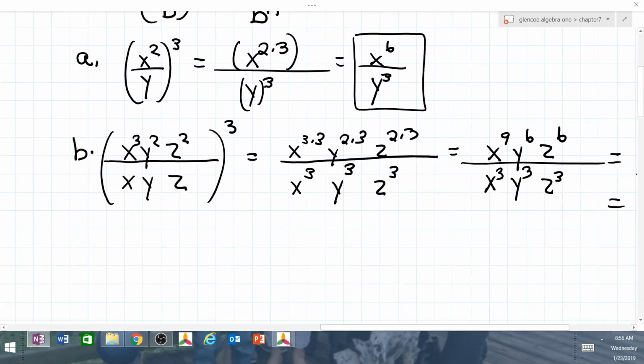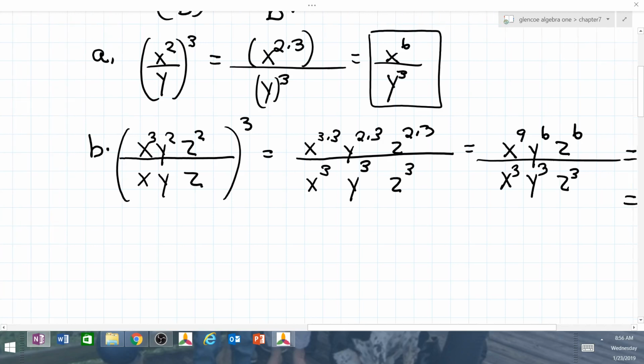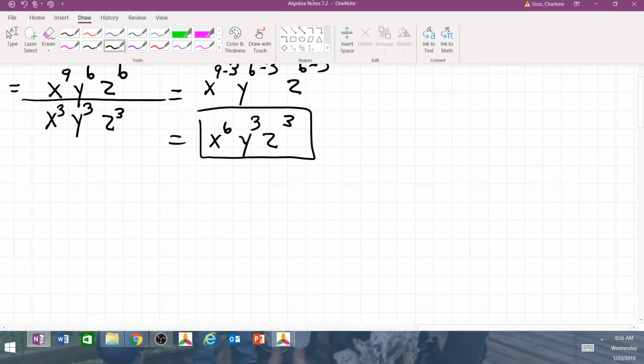Do you understand how we got x to the 3 times 3 gives me x to the 9th? Y to the 2 times 3 gives me y to the 6th. Z to the 2 times 3 gives me z to the 6th. All over x cubed, y cubed, z cubed. Now, what you have to do is take it one step further.